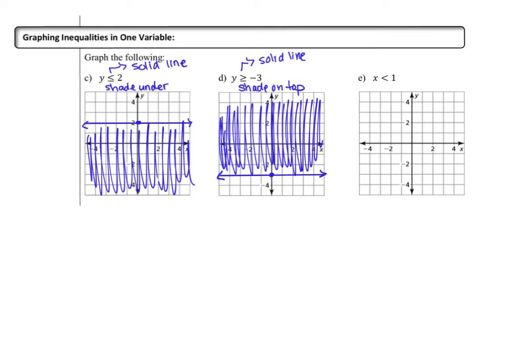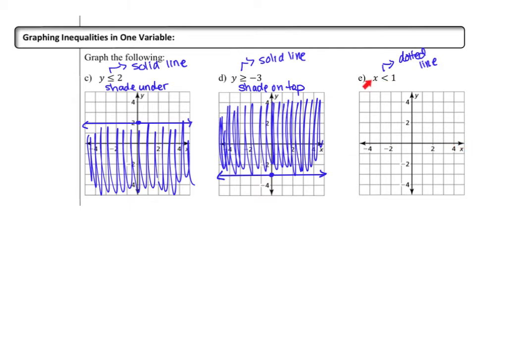The next one is a little bit different. Now we have x is less than 1. So because we have less than, are you going to have a solid line or a dotted line, and are you going to shade left or right? A less than symbol means you're going to have a dotted line through 1 on the x-axis. So here's the x-axis.